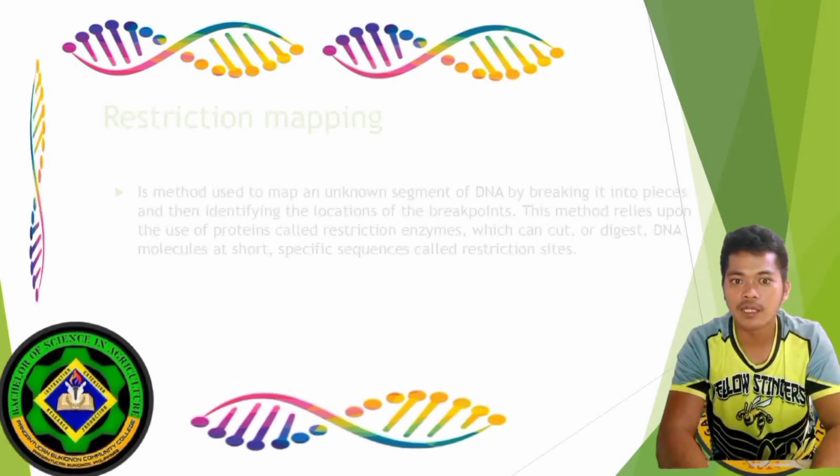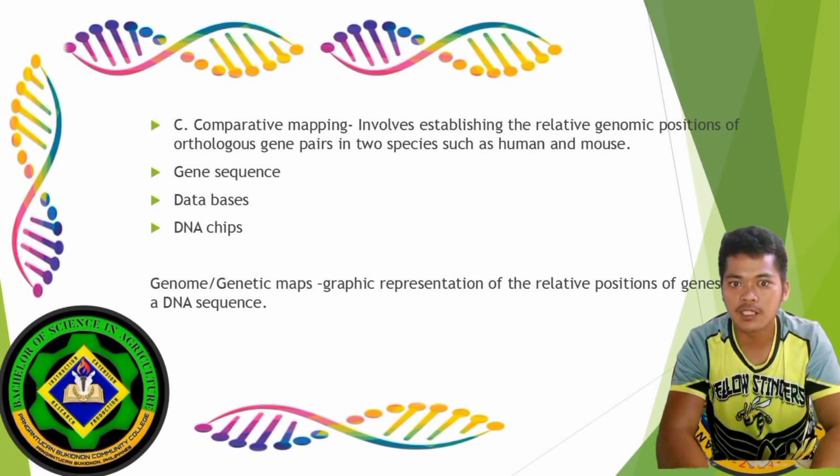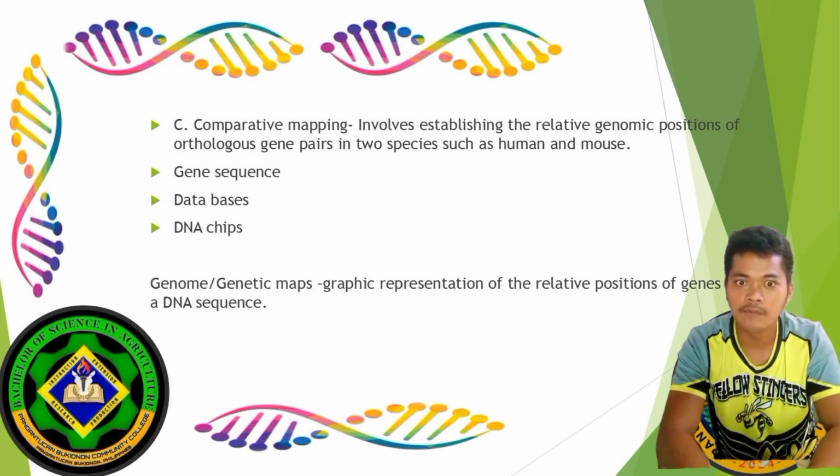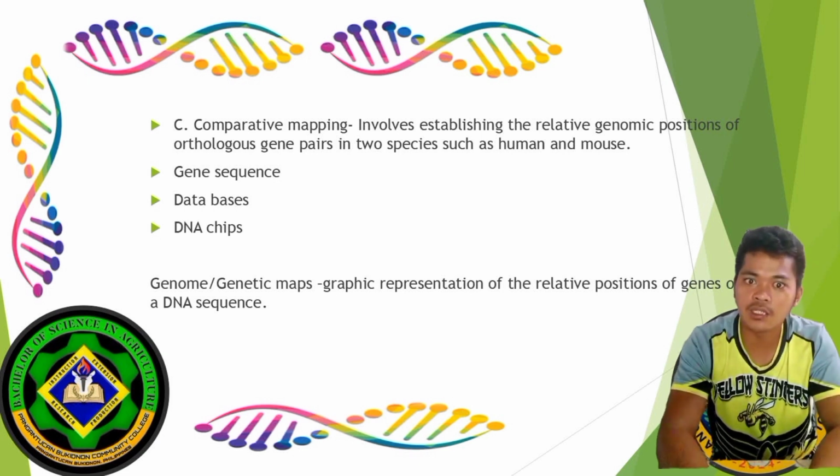C. Comparative mapping involves establishing the relative genomic positions of homologous genes. Pairs are species-specific, such as the human-mouse gene sequence database and DNA chips.